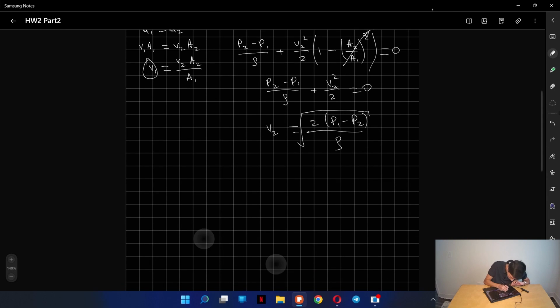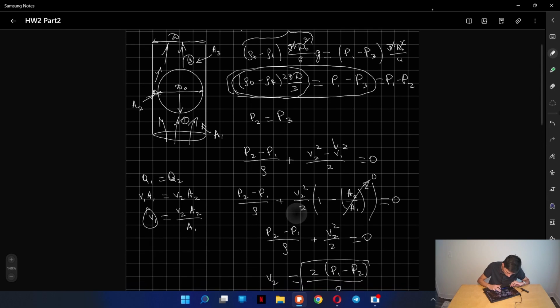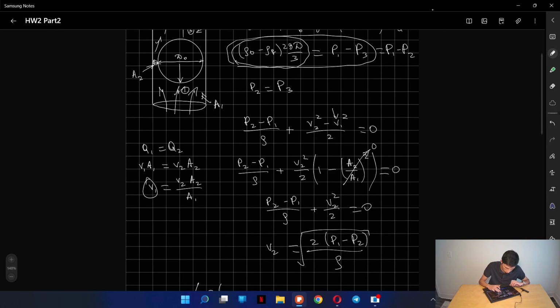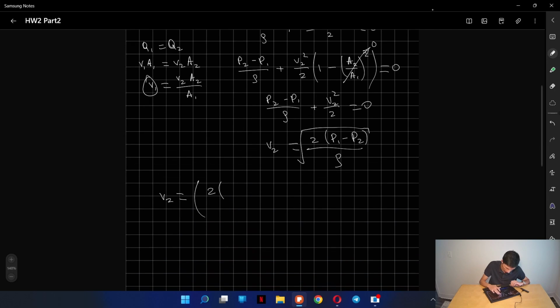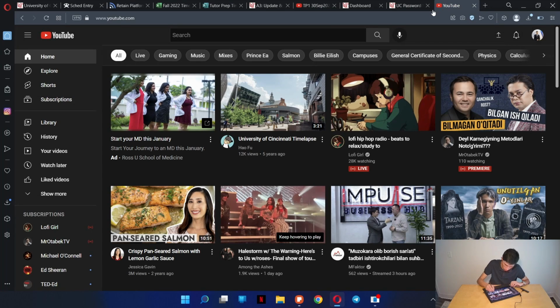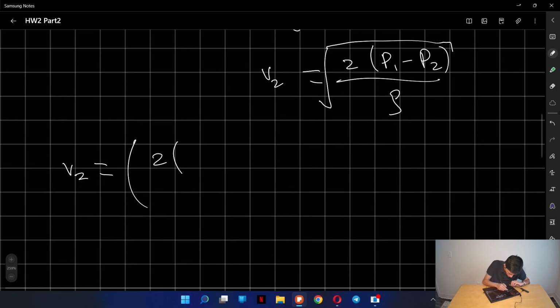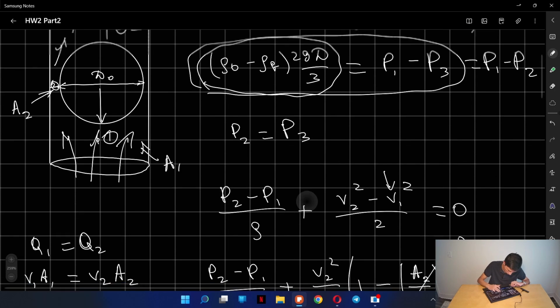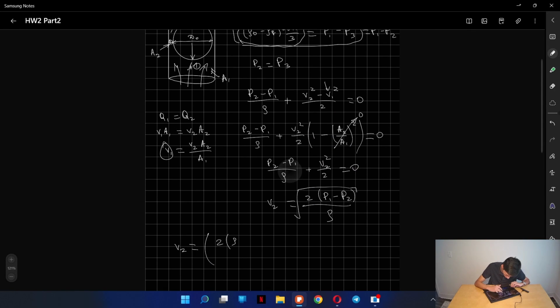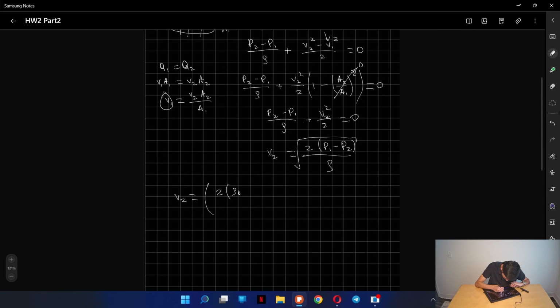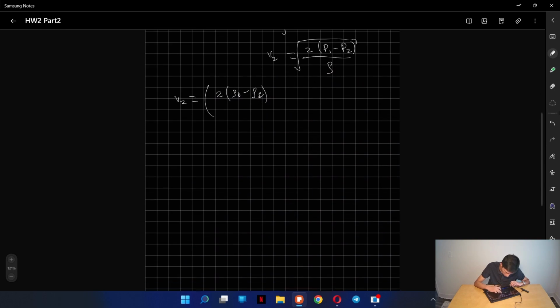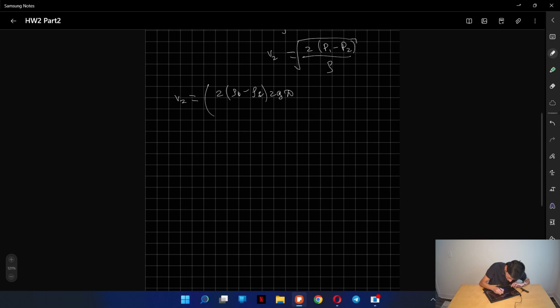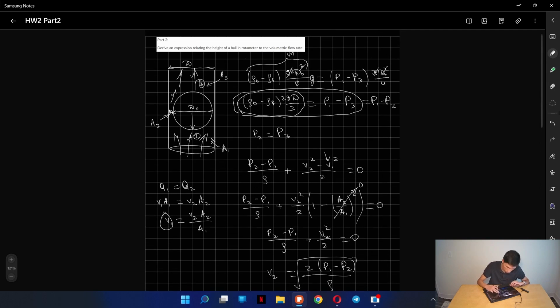So what I'm going to have now is velocity at point 2 is going to be equal to 2 times rho of B minus the density of the fluid, times 2gd, where d is the diameter of the ball.